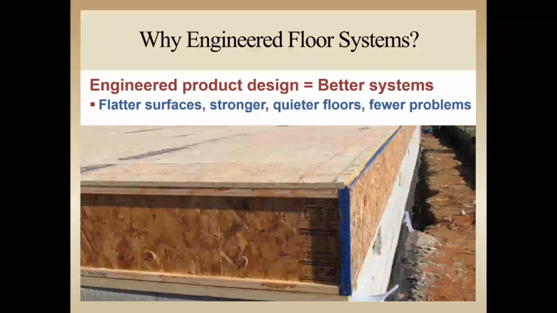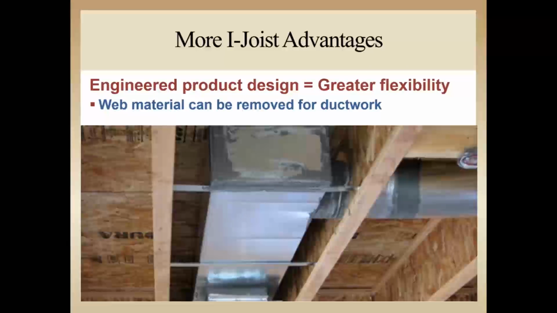And with today's rapidly increasing energy code requirements, it is more important than ever for ductwork to be in the conditioned space of the building, rather than in the attic or crawl space. With properly designed ductwork running through the floor system, there's less wasted energy and greater confidence in meeting the requirements of the energy code.